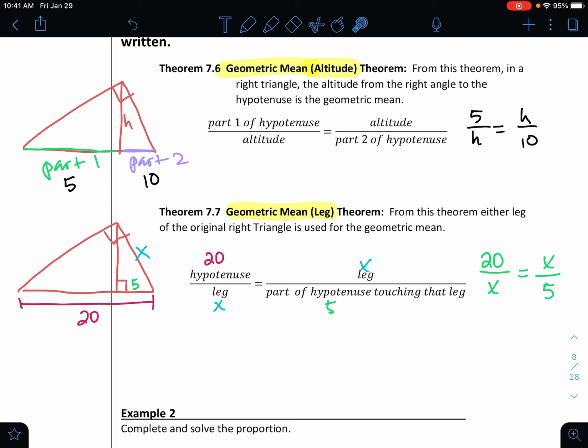When I'm trying to find either leg, I'm going to be doing the geometric mean of the leg, which means that's the number we're looking for. In the other part of the proportion, I need the entire hypotenuse and just the section of the hypotenuse touching the leg I want. For example, if I had an x over here, I would have to know this section of the hypotenuse and the whole thing.